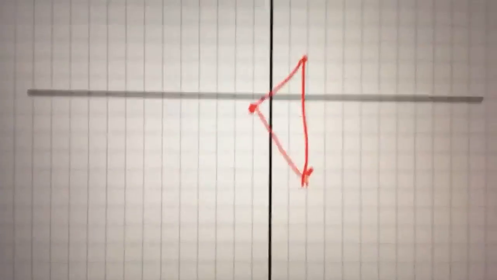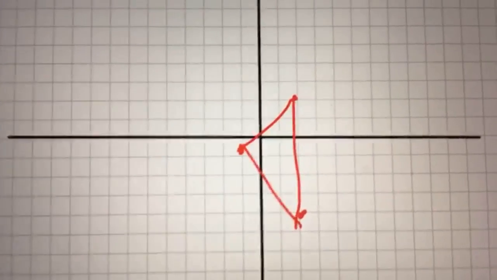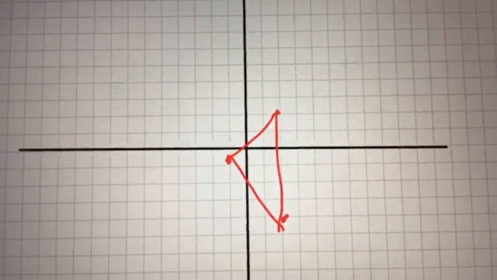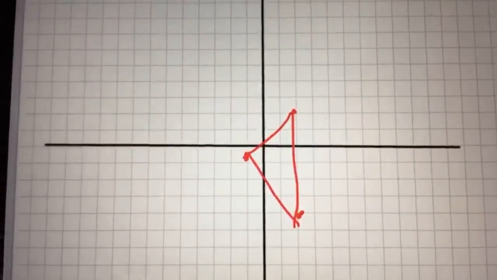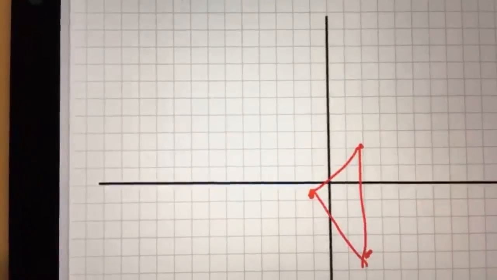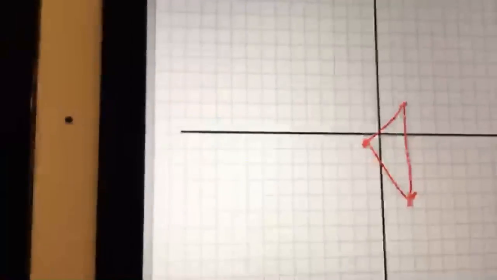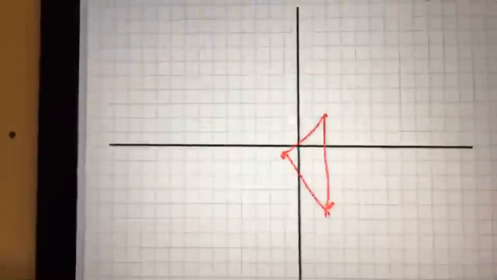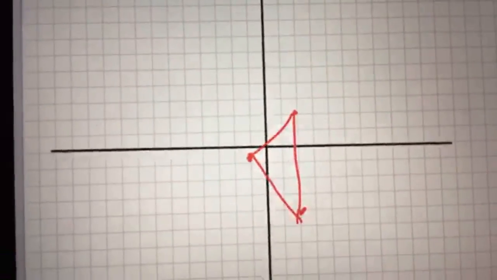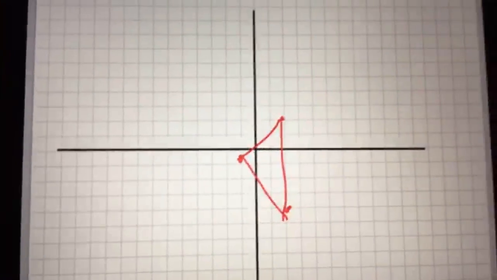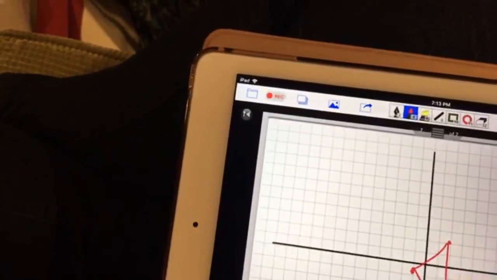So we want our area to be 12 square kilometers, which means we need the height and the base length. The base is 1, 2, 3, 4, 5, 6.